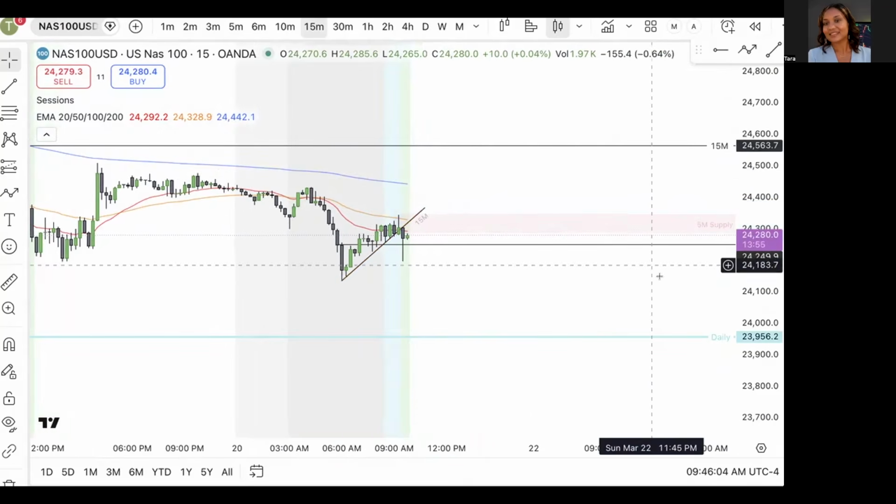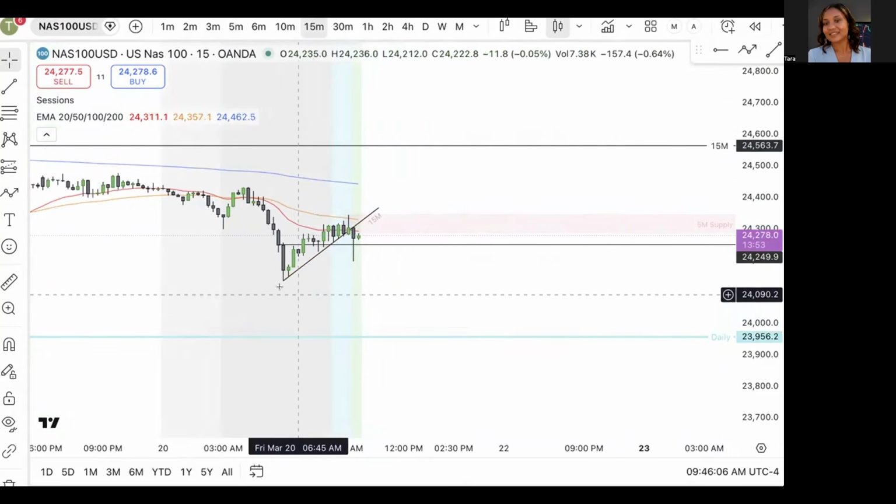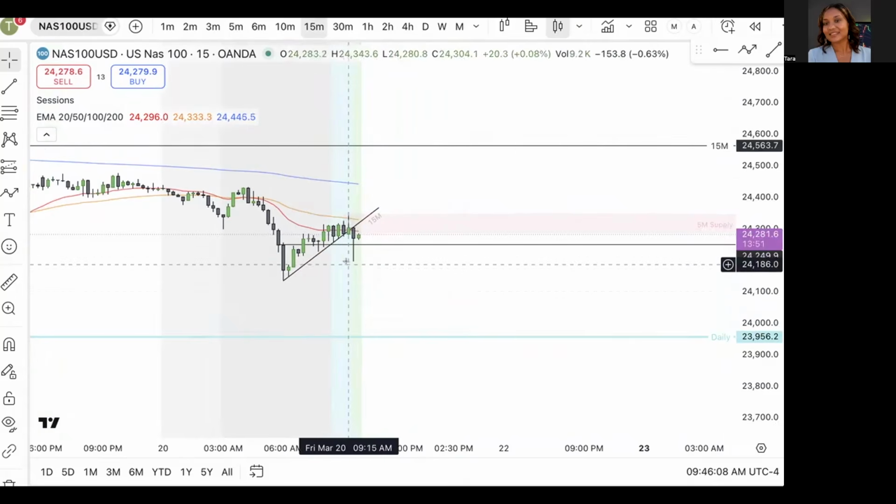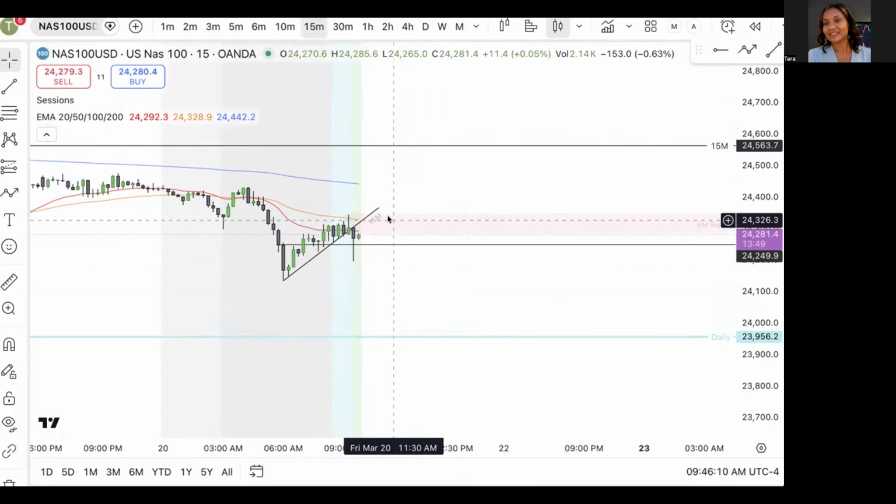Okay, we could also use our break and retest of the 15-minute trend line. We can see that price has broken through the trend line. We're waiting for price to return.